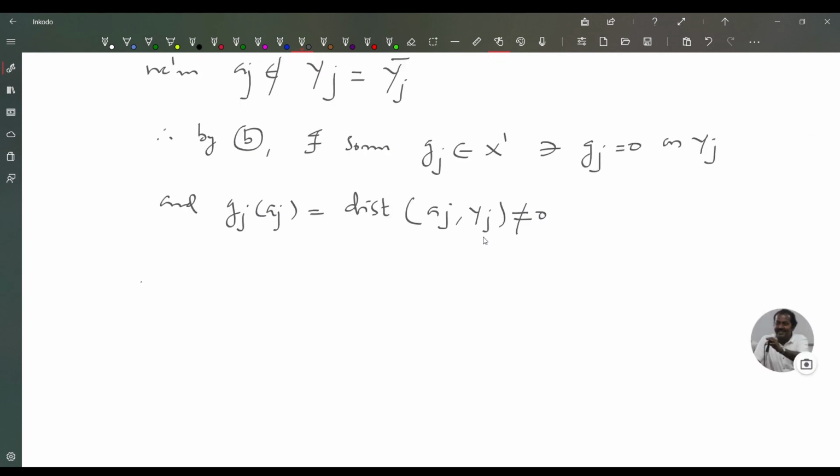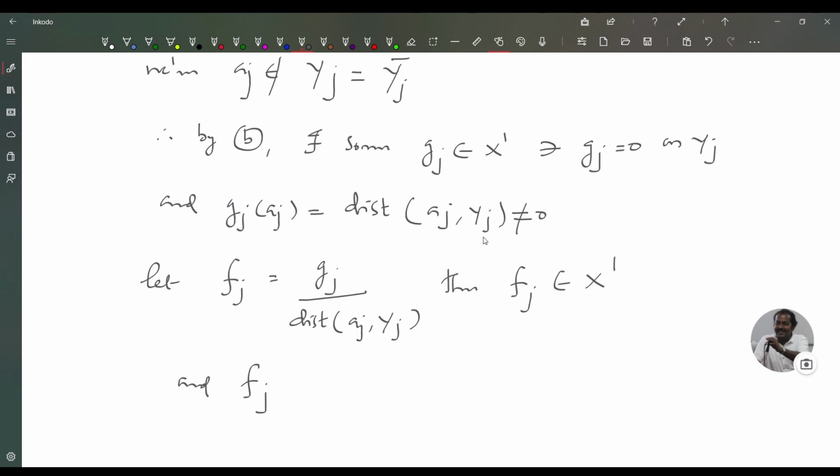Now let fj be equal to gj divided by the distance between aj and Yj. Then fj belongs to X* and fj of ai equals delta ij for 1 less than or equal to i, j less than or equal to m.